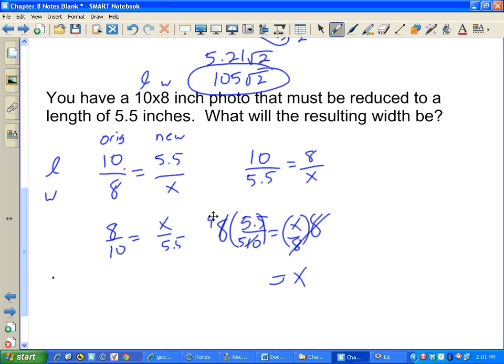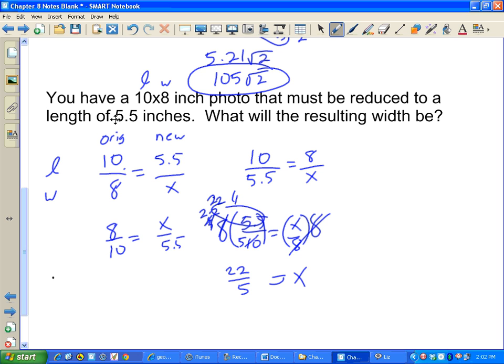If I take this and turn it to 2 and 2, I can use one of those 2s with the 5.5 to make it 11 times the other 2. That's going to be 22, so I'm going to have 22 fifths.